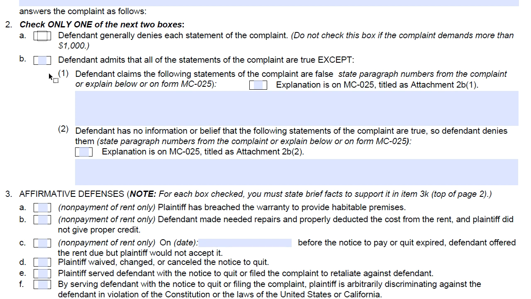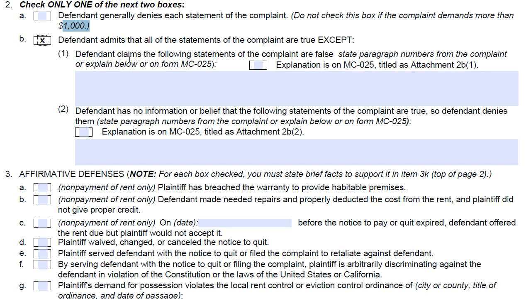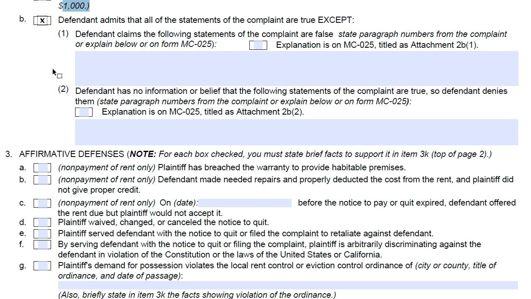If, however, the complaint is seeking damages or past rent more than $1,000, then you will have to mark box B. So what that means is you have to decide what parts of the complaint are true and what parts of the complaint are not true.